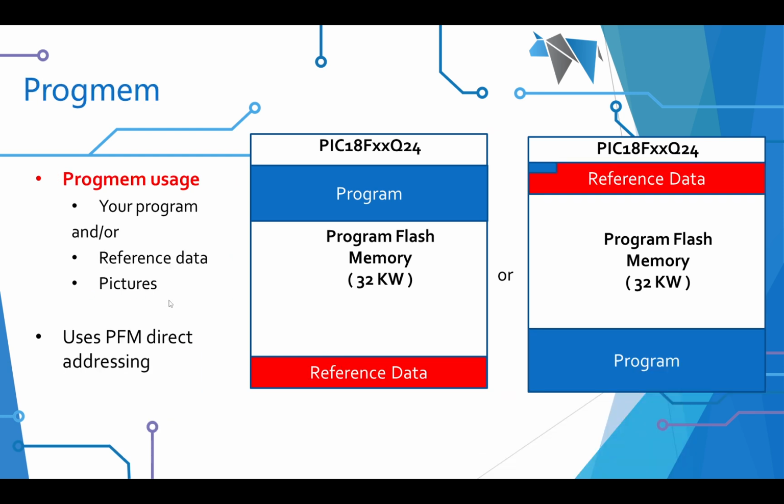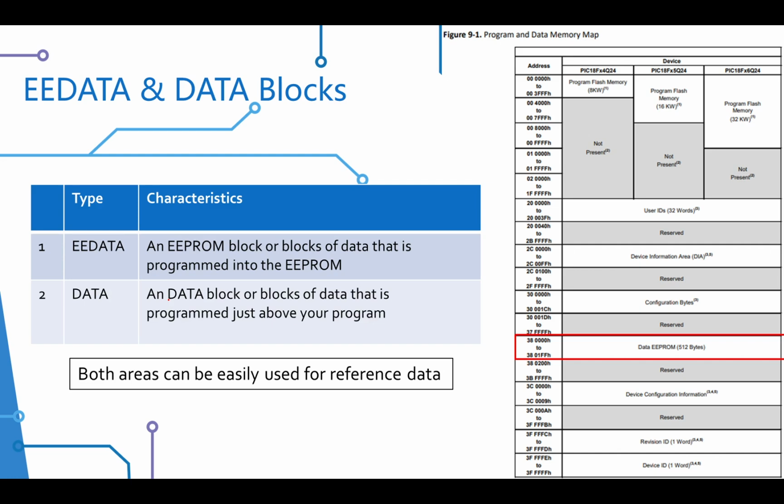So what we can do is we can also use EEPROM. And EEPROM is a block of data, 512 bytes in this particular case, for this particular chip. And you can put reference data in there as well. Different set of commands, different set of instructions, but it's there, 512 bytes, quite a lot. But also what we've got in GCBASIC are what we call data blocks.